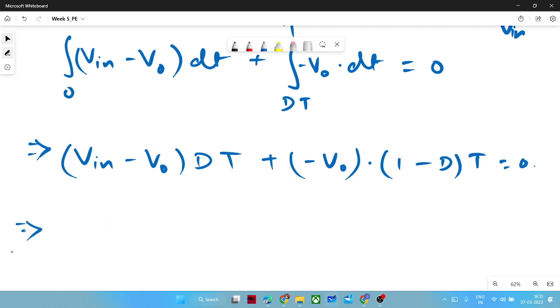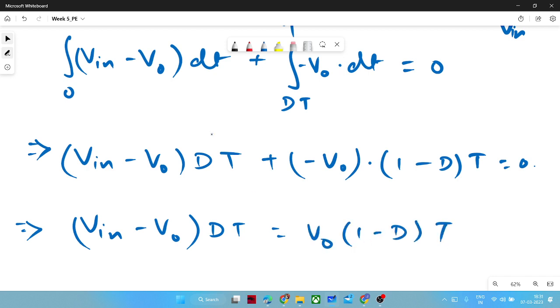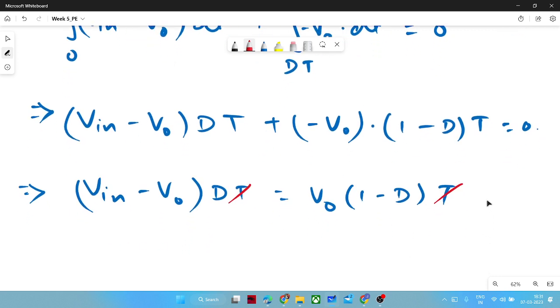You solve it further, this t will be cancelled, and you will land at V naught is equal to V in into d.